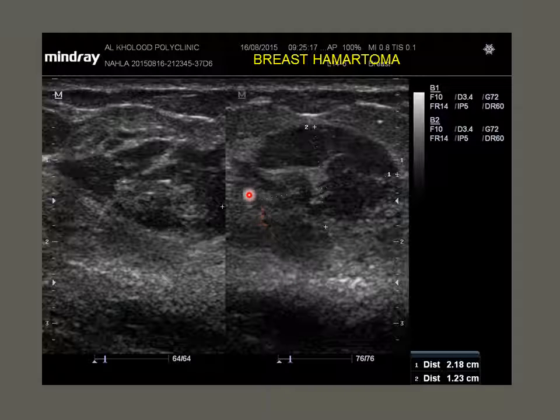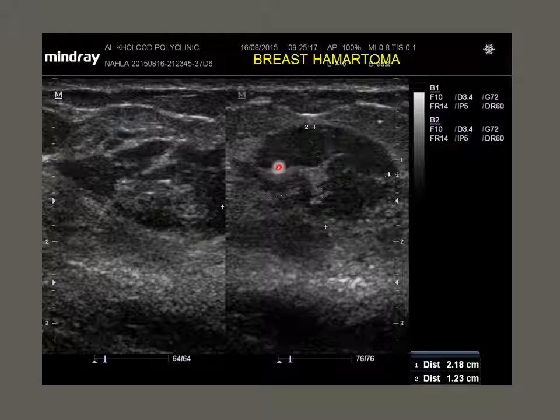By ultrasound, we found this mass which we saw in the left upper outer quadrant in the mammogram, seen as well defined, containing fibroglandular tissue and fatty tissue like breast tissue, breast within breast. This is the character of hamartoma.